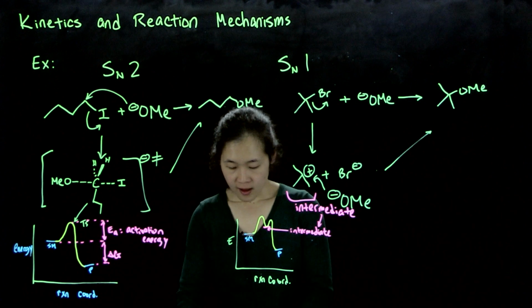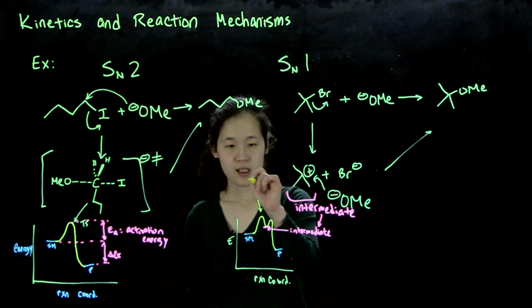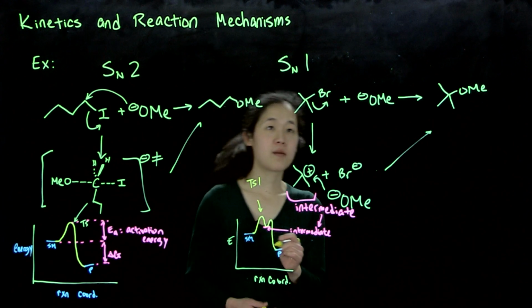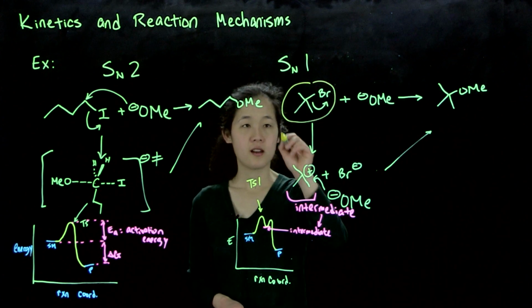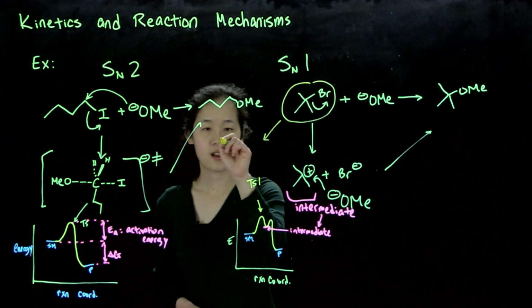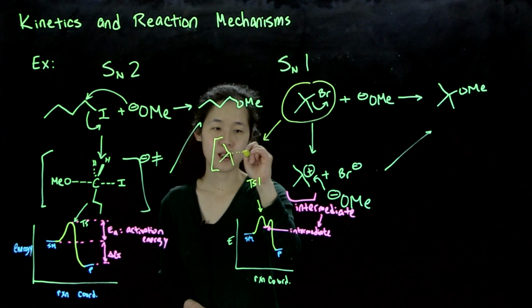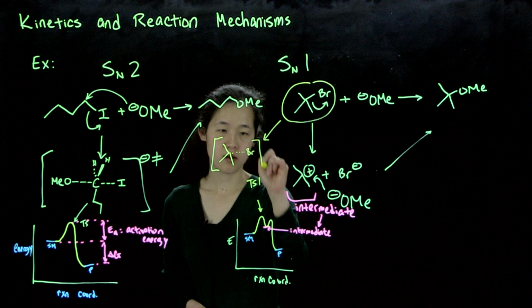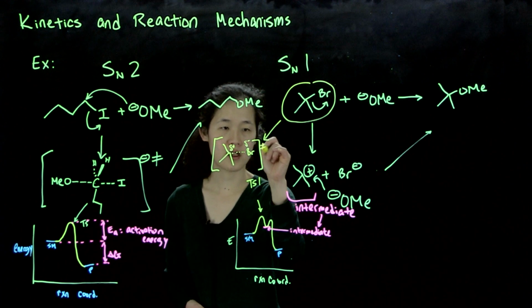For SN1, we have these two transition states. If we're thinking about the dissociation of bromide, transition state 1 might look like this, where the bromide is starting to leave, and we have delta minus, delta plus. This is one transition state.